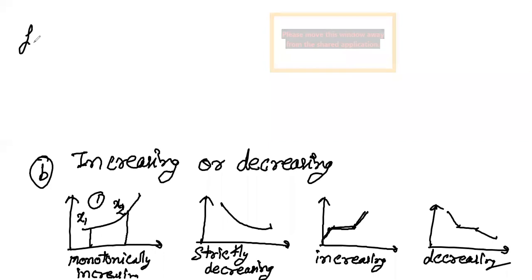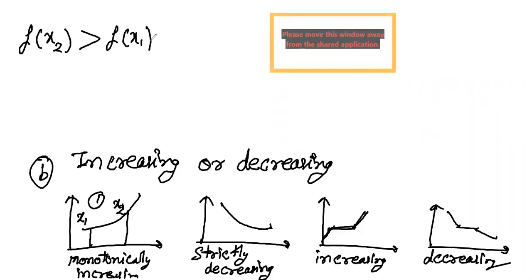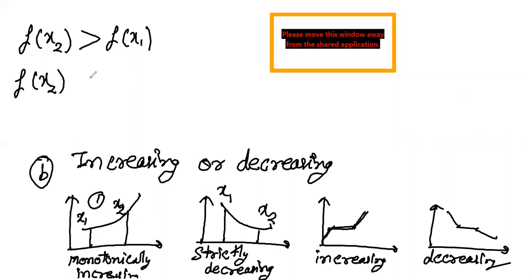Always f of x2 will be greater than f of x1. So this is monotonically increasing. Here, for decreasing, we say f of x2 is always lesser than f of x1.